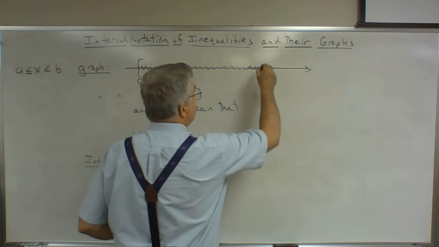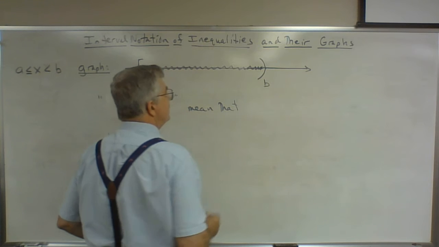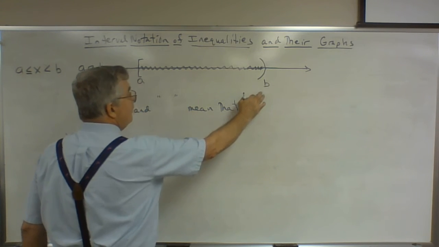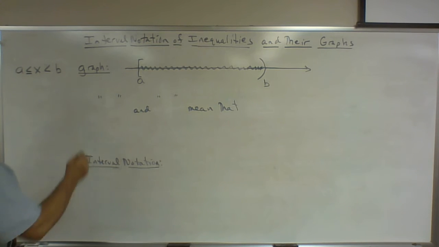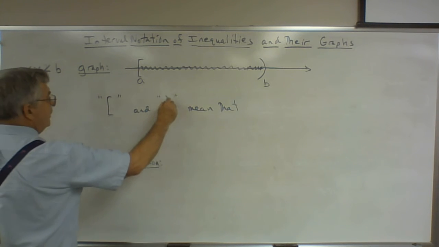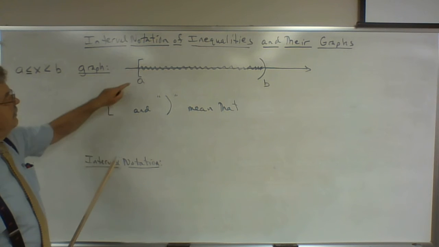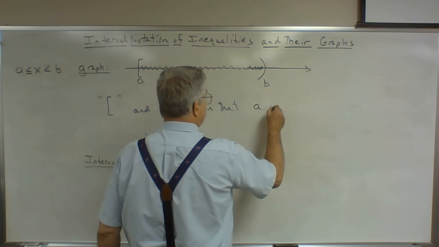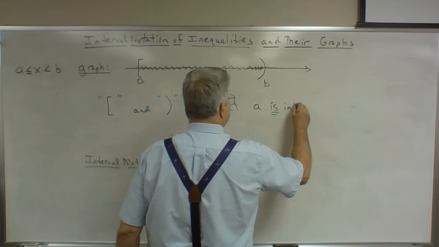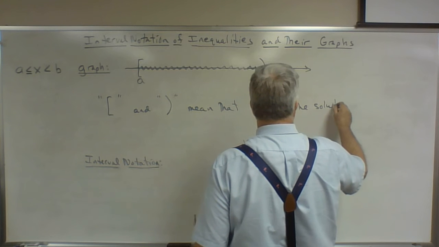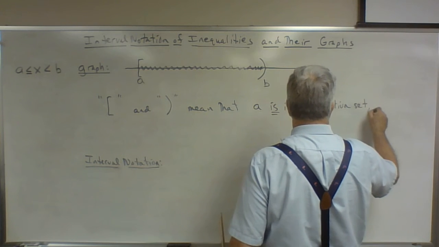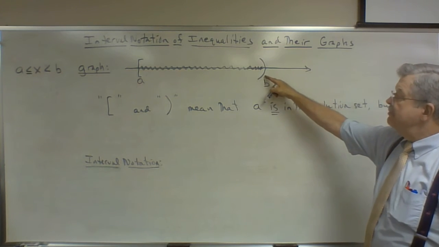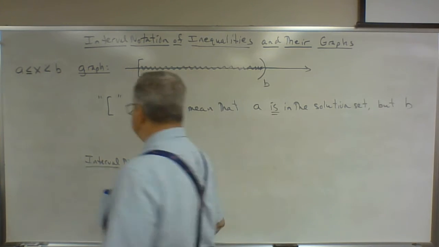So I put a round parenthesis above the b, indicating that b is not part of the solution set. So this means that a is in the solution set, but b, with this round parenthesis above it, is not.